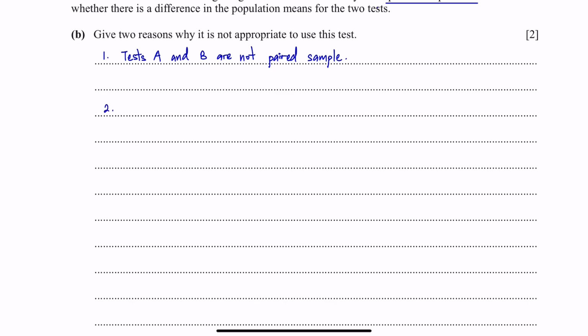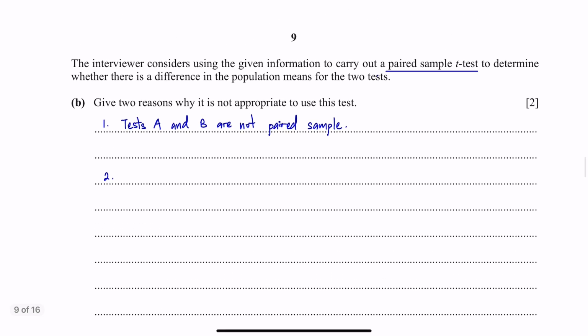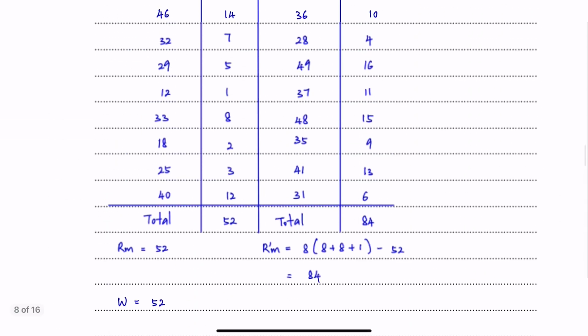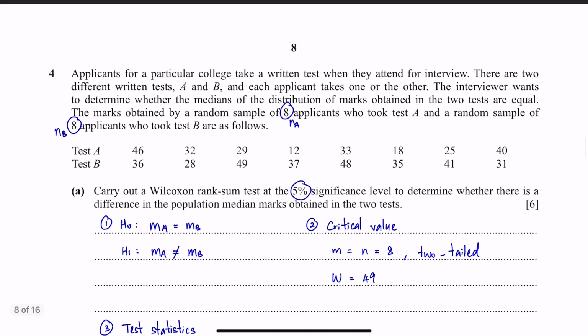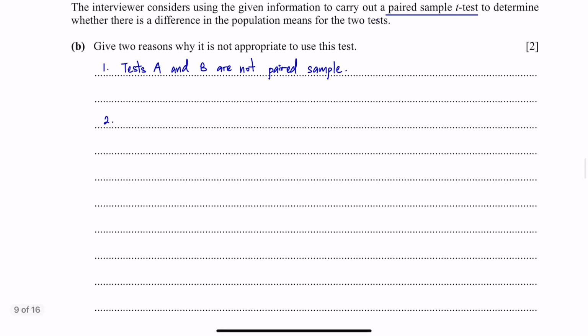Alright, the second reason. We know that when we want to do a t-test, the probability distribution of the population has to be a normal distribution. And in this case, it doesn't specify that it is a normal distribution.